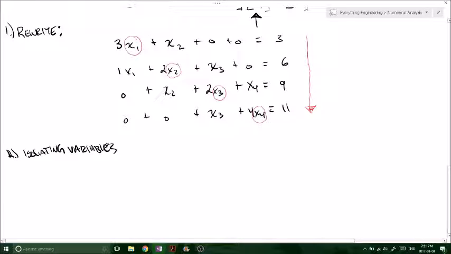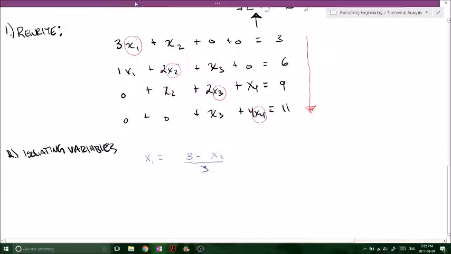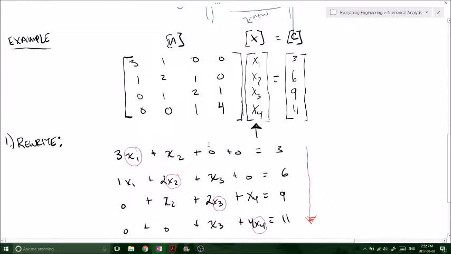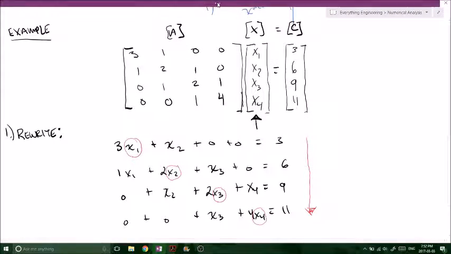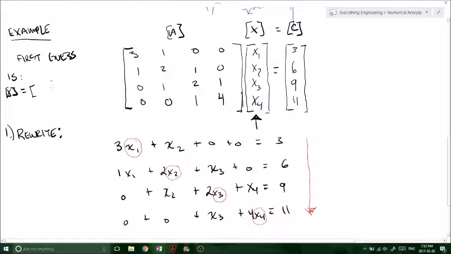Alright, so the first one, if you isolate for your x1, you get x1 equals (3 minus x2) all over 3. And I forgot to mention that our first guess of x is going to be 0, 0, 1, and 1. Something like this will usually be given if you're writing a test.